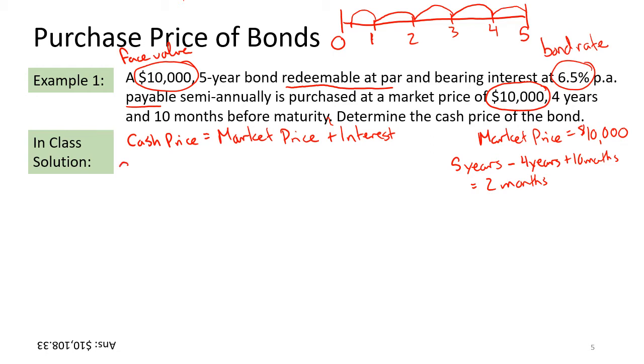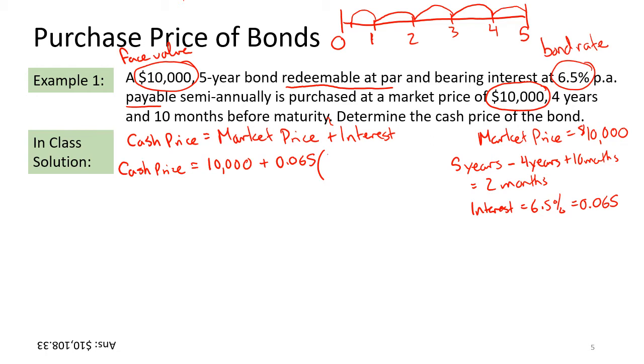So what that means is our cash price has to be equal to our market price, $10,000, plus the interest we've earned on it. And remember, we know the annual rate of interest, which is 6.5%. Okay? So if the interest rate is 6.5%, it's the same as 0.065 if you convert it to a decimal. So our interest is equal to 0.065, but remember, we have to do it as a fraction of the year because we only earn interest for 2 months out of the year.